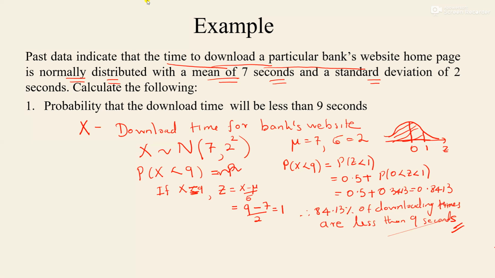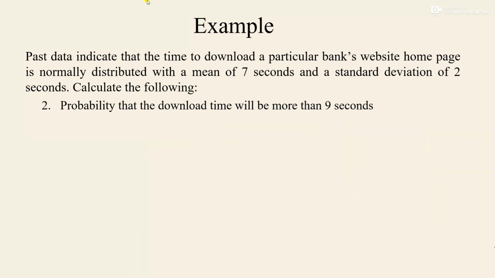Right. So the next question: the probability that the download time will be more than 9 seconds. We already defined the notation. Now they are asking to calculate the probability of X greater than 9.